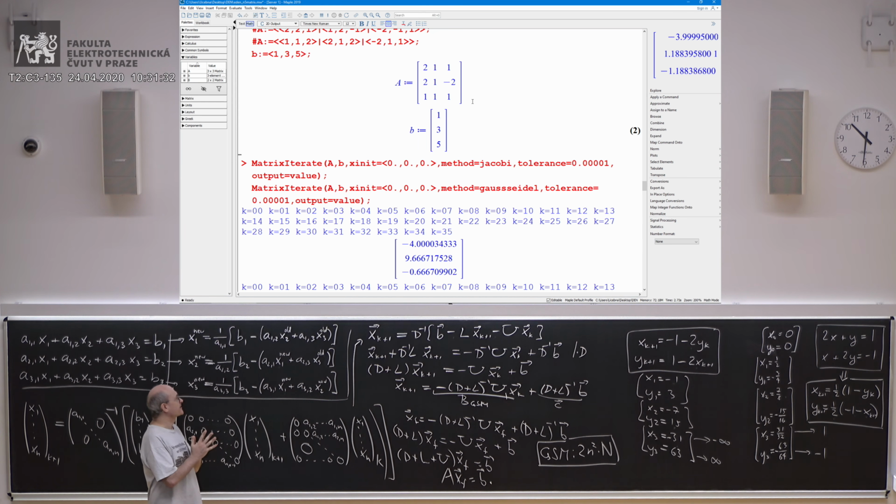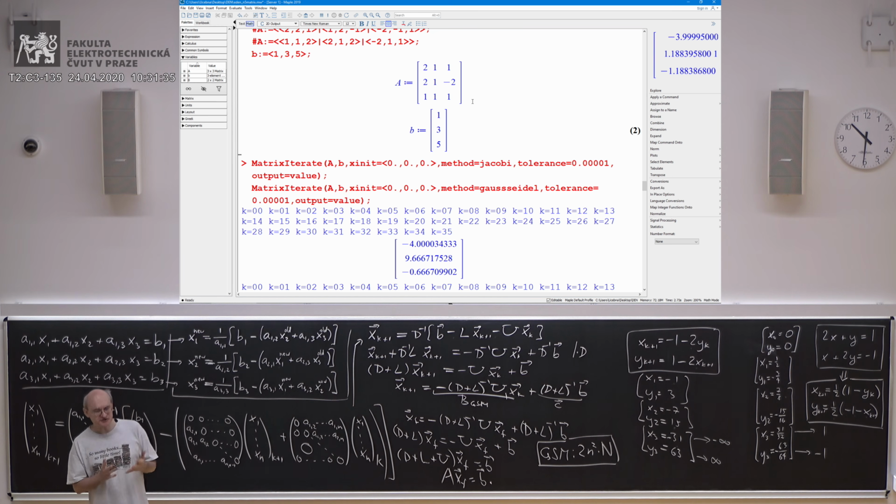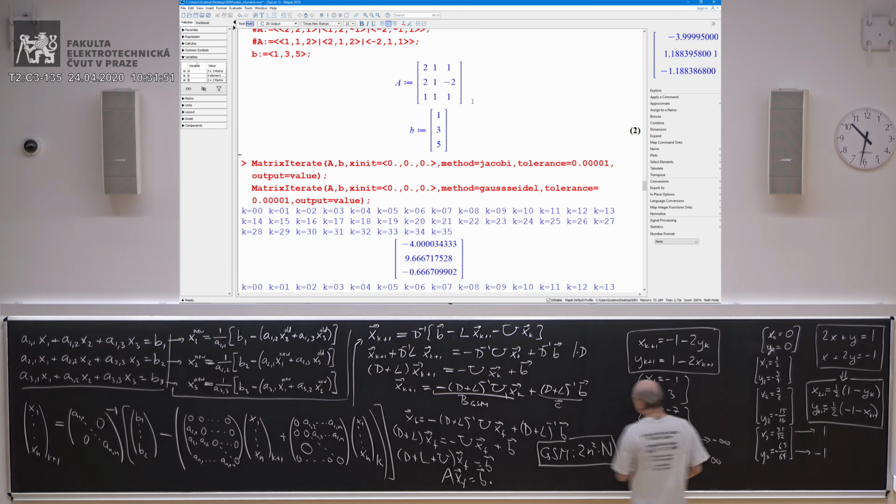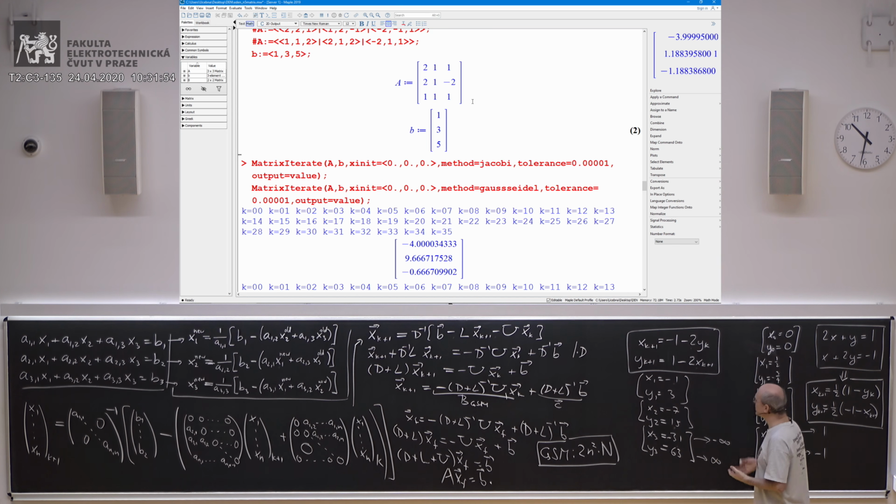However, when this system of equations comes from applications, usually those matrices have specific forms, and it turns out that for common types, the Gauss-Seidel method is more effective, which means two things. We know that everything depends on the spectral radius of the matrix, and we have a scale which starts at 0 and goes to infinity, and there is the number 1.